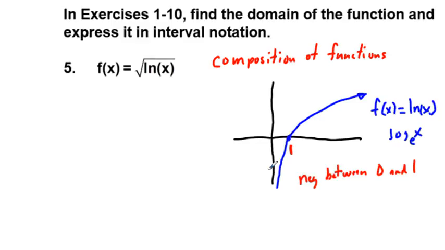Because all this here is negative between 0 and 1. What that means for us is that this composition of functions does not exist until x is 1. Because if we draw a table of this function right here, okay, what do we see?